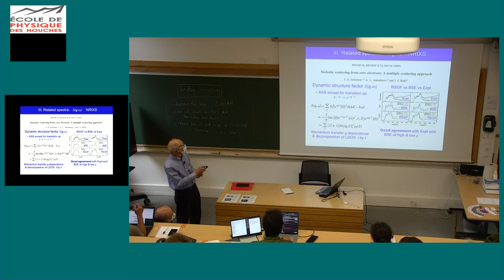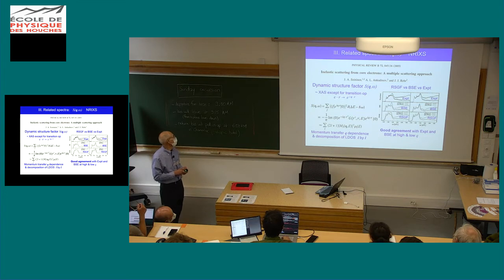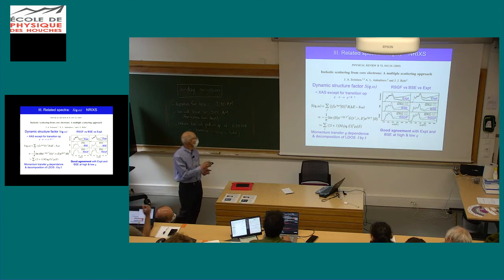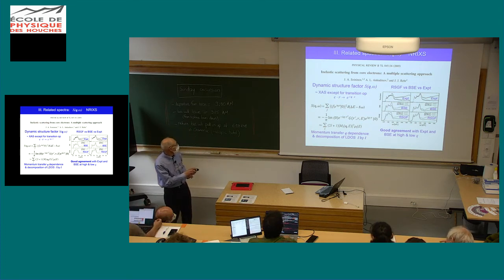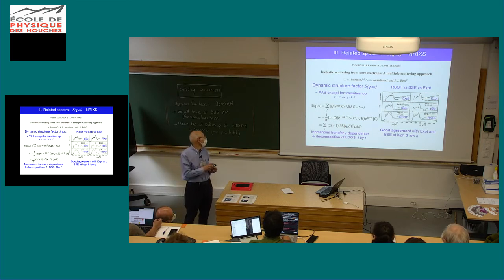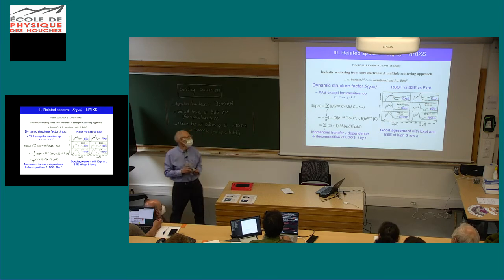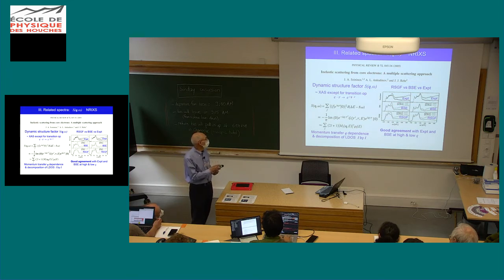And we can do the same trick. Instead of having a dipole operator, we just put these exponentials in there, but we use the same code, same path expansion, same everything, and all we get in this game is now a momentum transfer dependence in everything, and it's summed over the local density of states for every L. And we check this against very high level codes, Bethe-Salpeter codes, and an experiment.